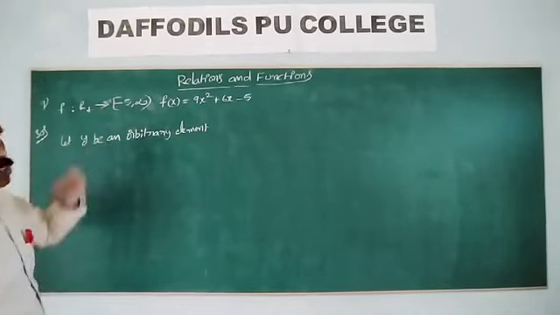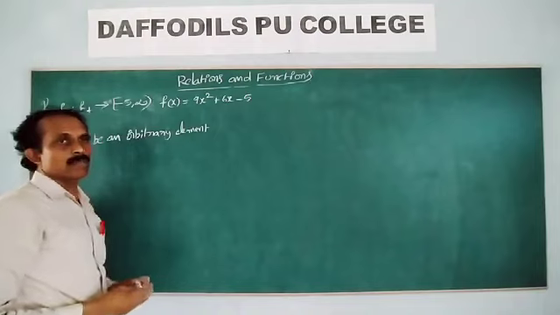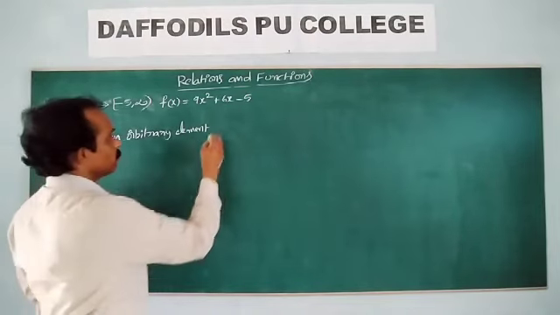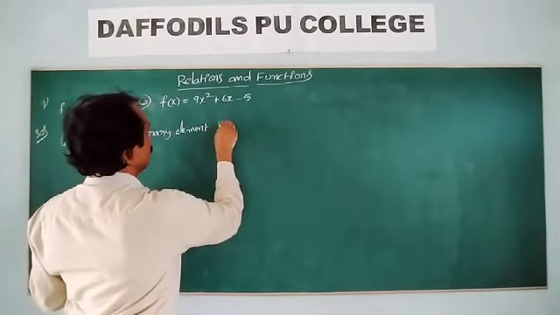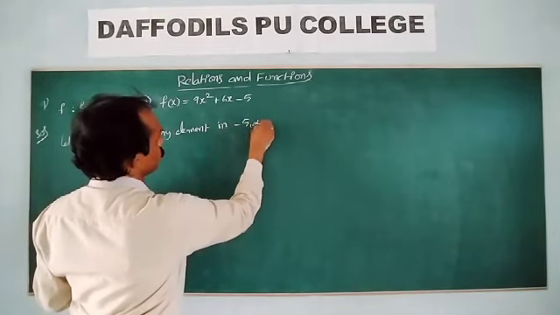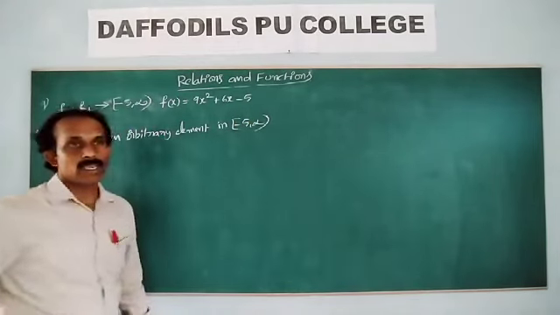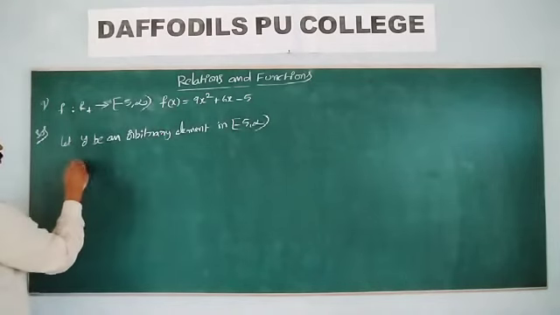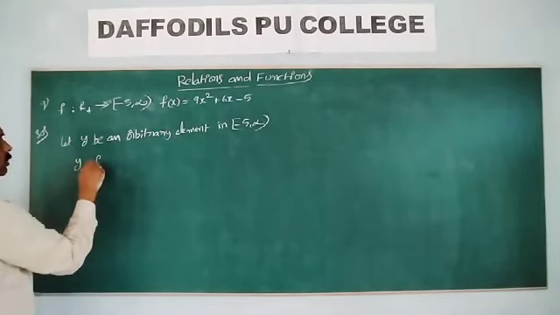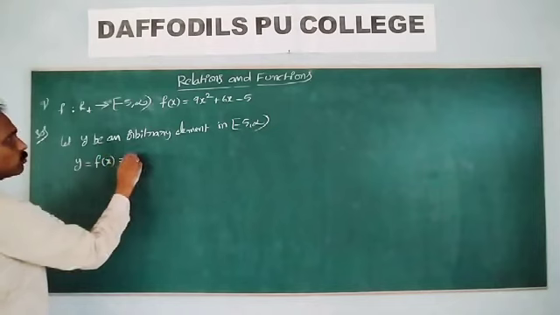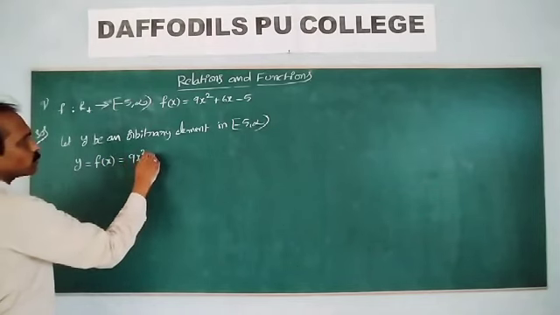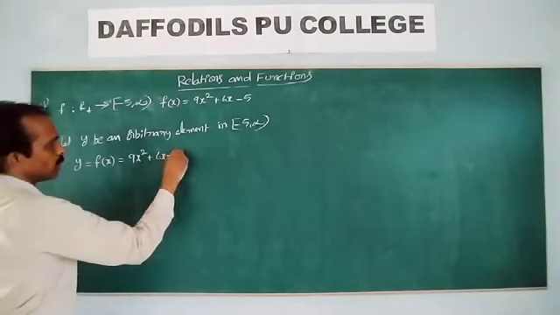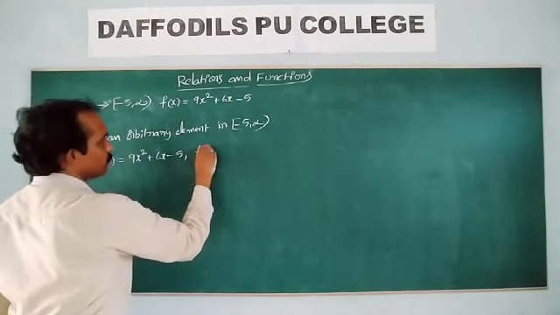So this element belongs to the codomain, in minus 5 to infinity. By the definition, y is equal to f of x is equal to 9x square plus 6x minus 5.